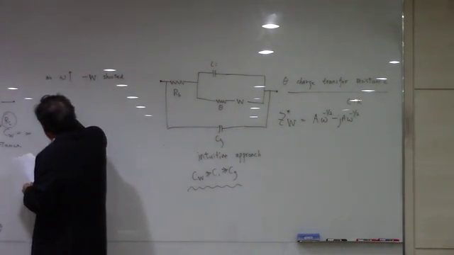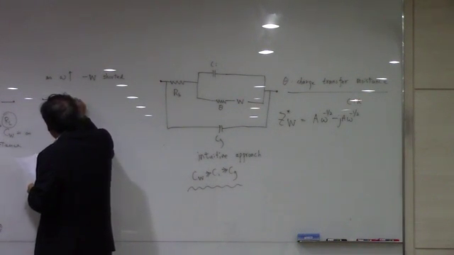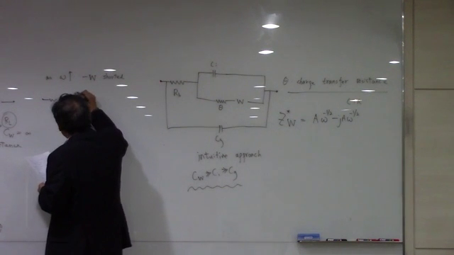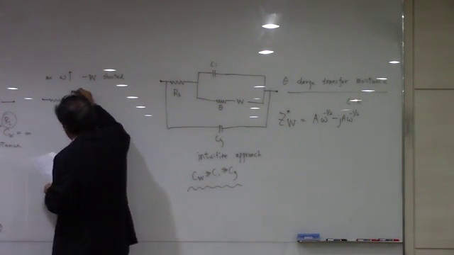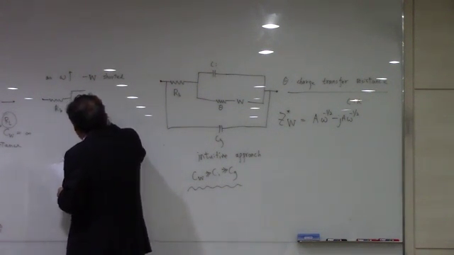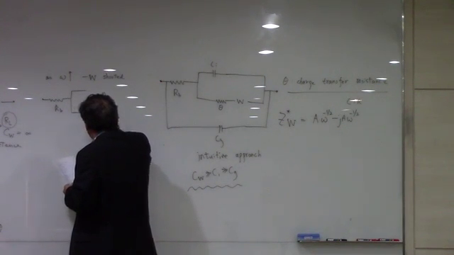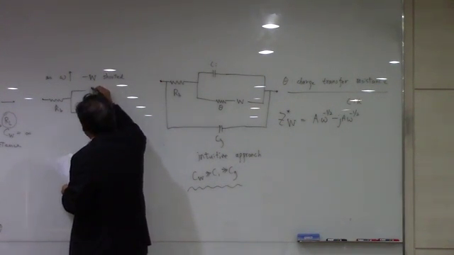So we have RB here, and then theta, and then CI.